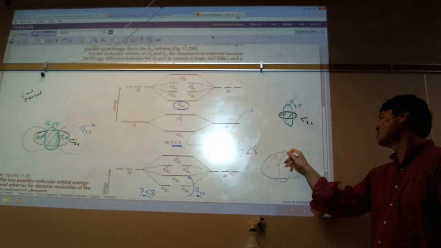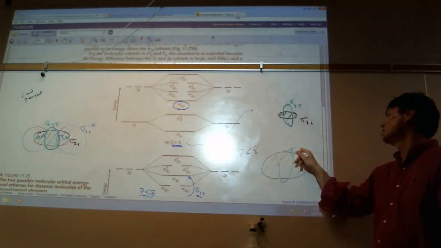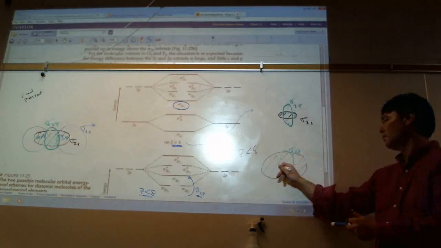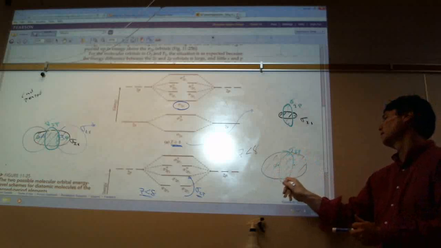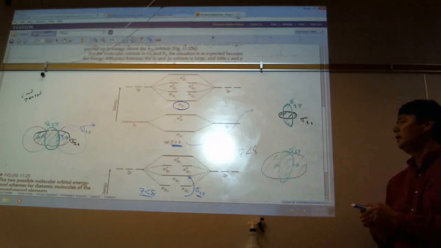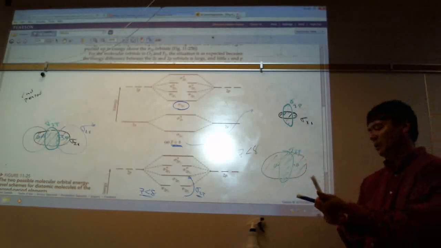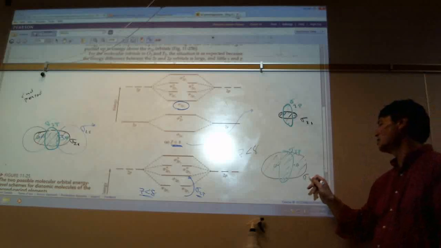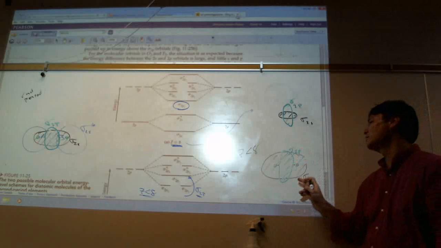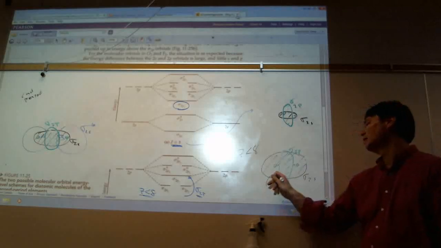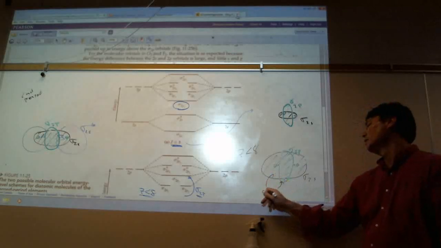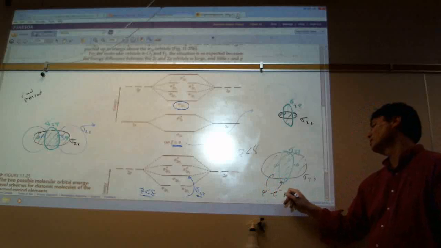And the same holds true for the sigma 2p. And so when Z is less than 8, we get what's called electron-electron repulsions between the sigma 2s and sigma 2p. Electron-electron repulsions.